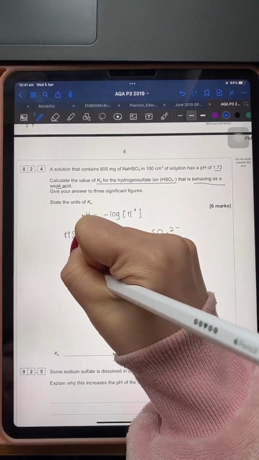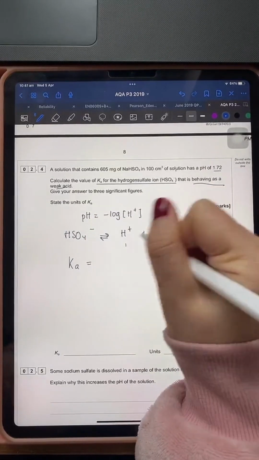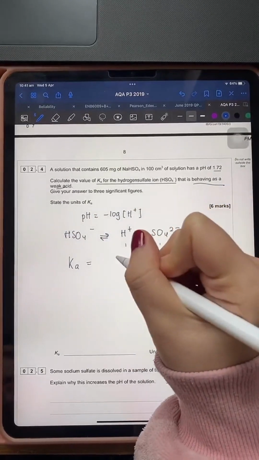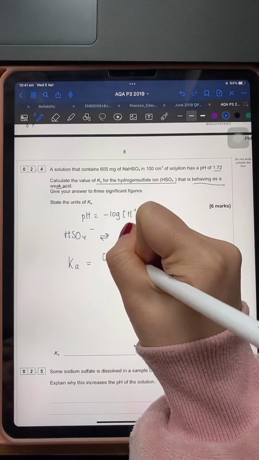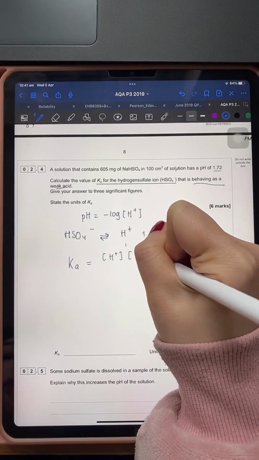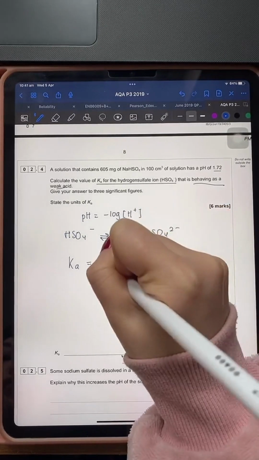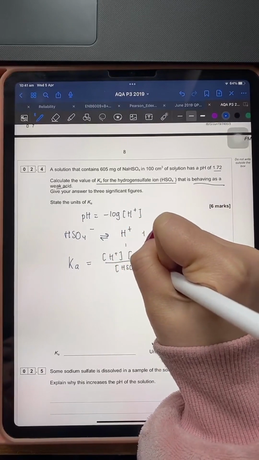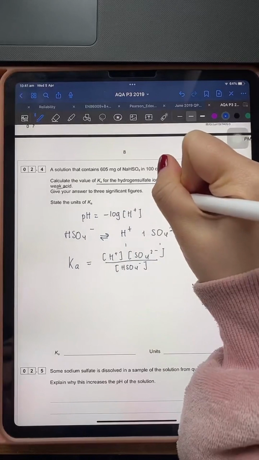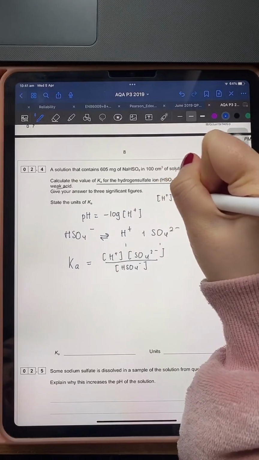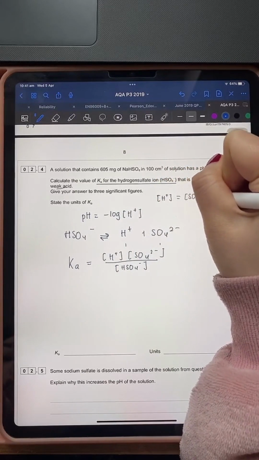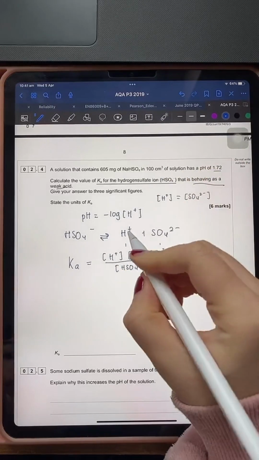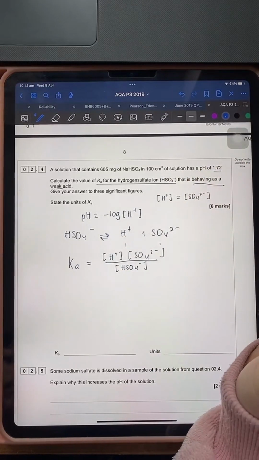So we can make the Ka equation first. It's always products divided by reactants here, by the way. So you have the products H plus, SO4 2 minus over reactants. Again, H plus concentration is equal to the SO4 2 minus concentration because the ratio is 1:1.